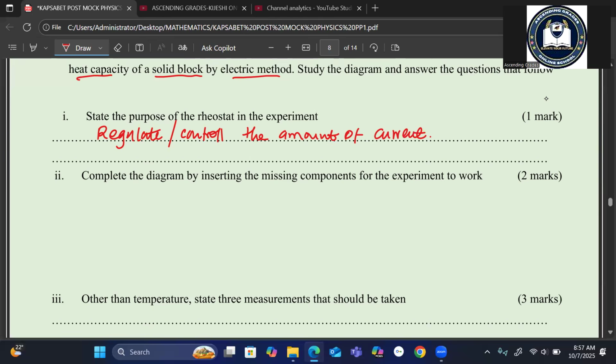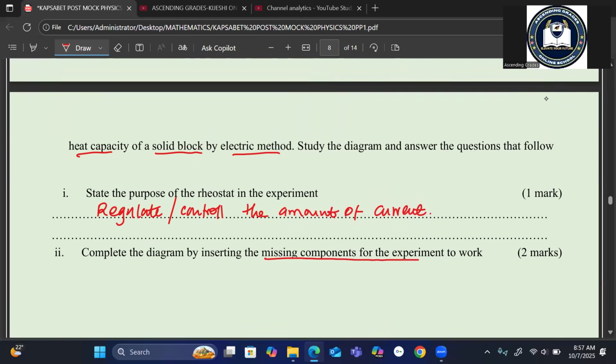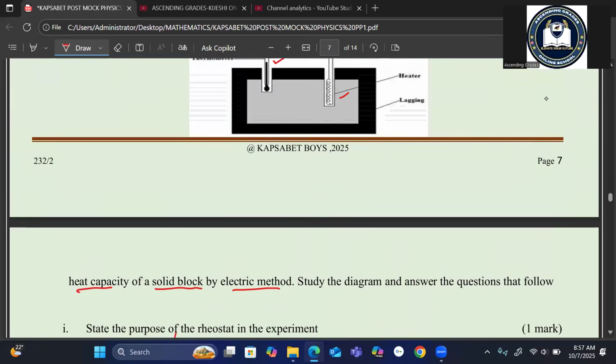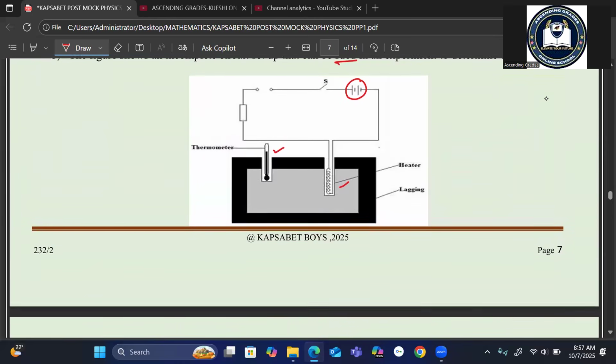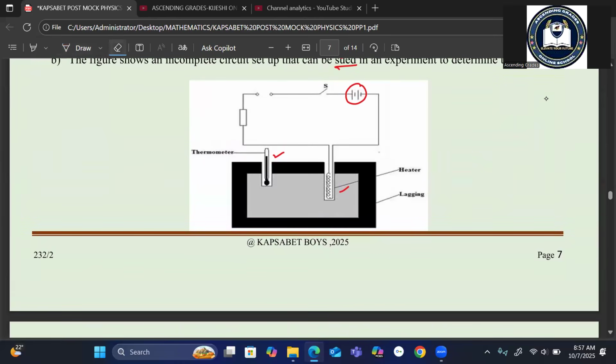Complete the diagram by inserting the missing components for the experiment. So let's get back to the diagram and see what is supposed to be missing. The first thing that we need to locate here is this electrical method. And we know that energy can be given by VIT.